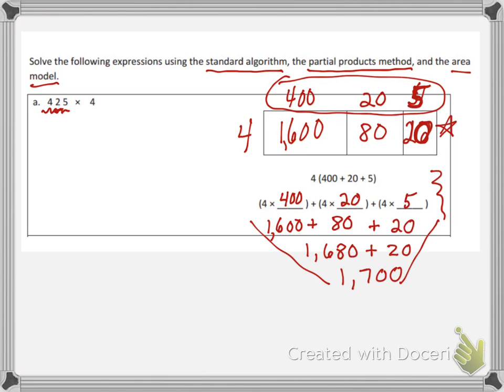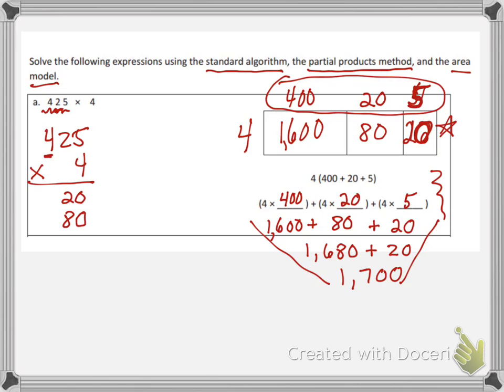Now it's asking you for the partial product way. And the partial product way looks something like this, which we know because we've done it. 425 times 4. We go to the ones, and it's 4 times 5 is 20 ones. And then we go in the tens, there's a 2, so that's 20 times 4, and that's an 80.